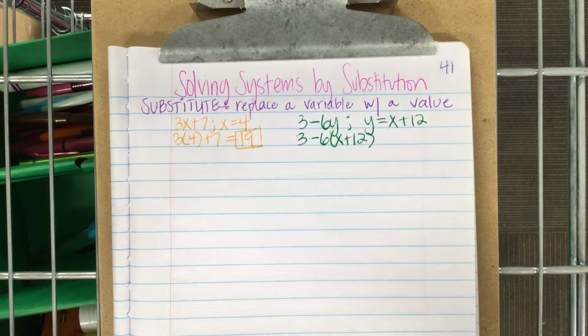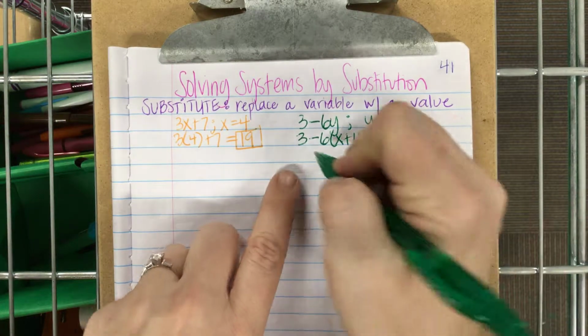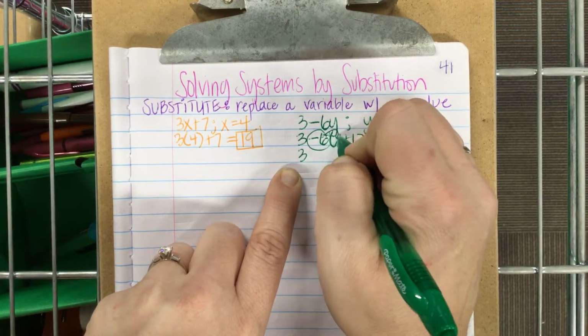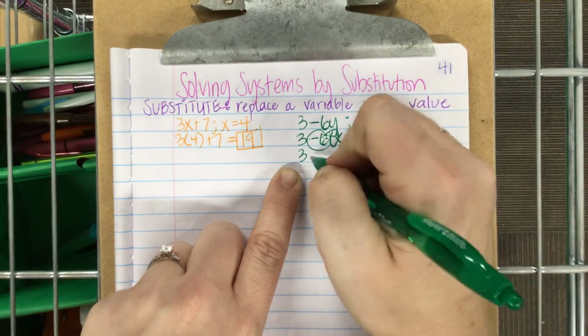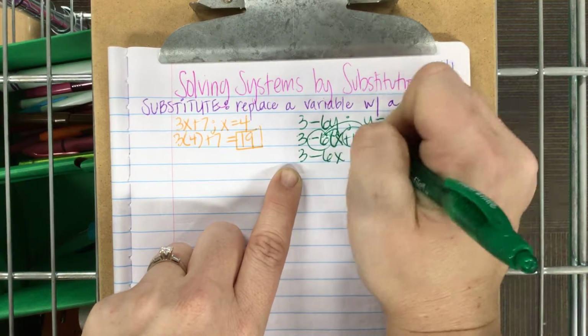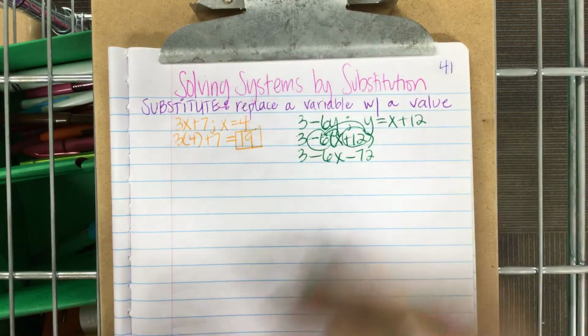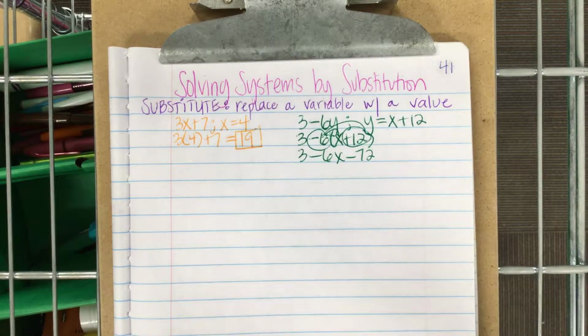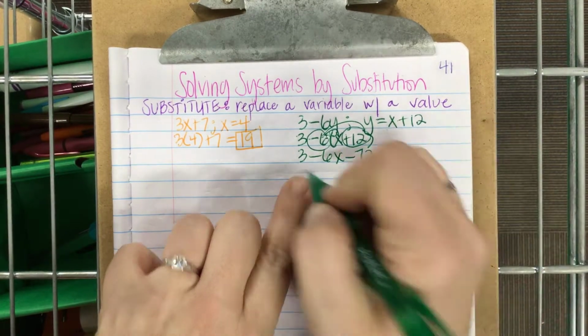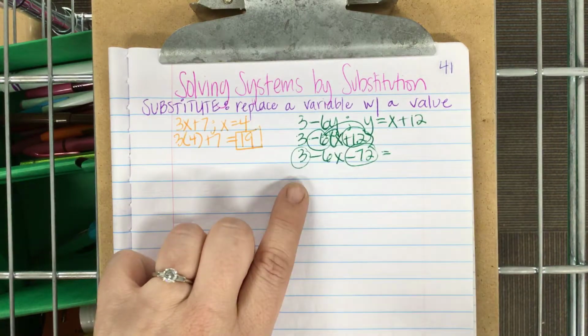Now, I'm going to use algebra. I'm going to simplify this. To get 3, what's negative 6 times x? And negative 6 times 12 is negative 72. Is that my answer? No. I'm going to continue to simplify, combine like terms.